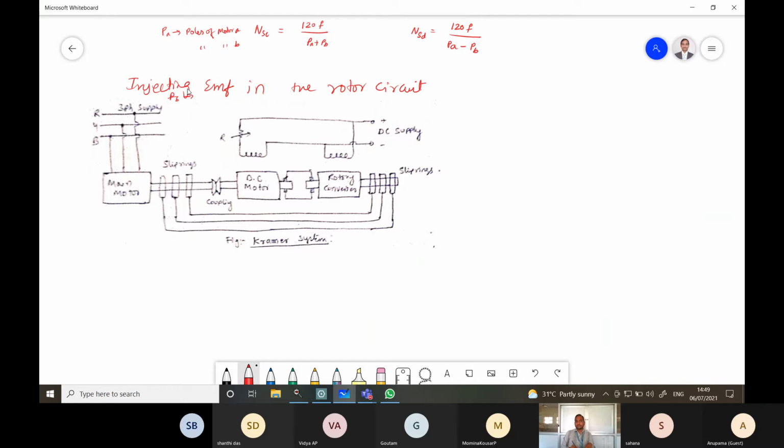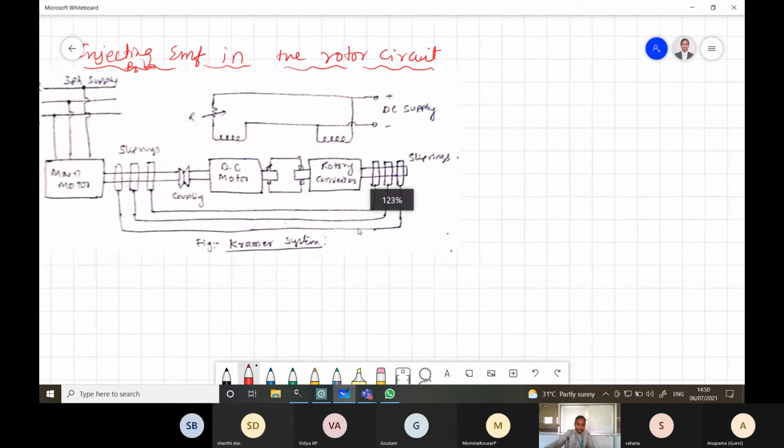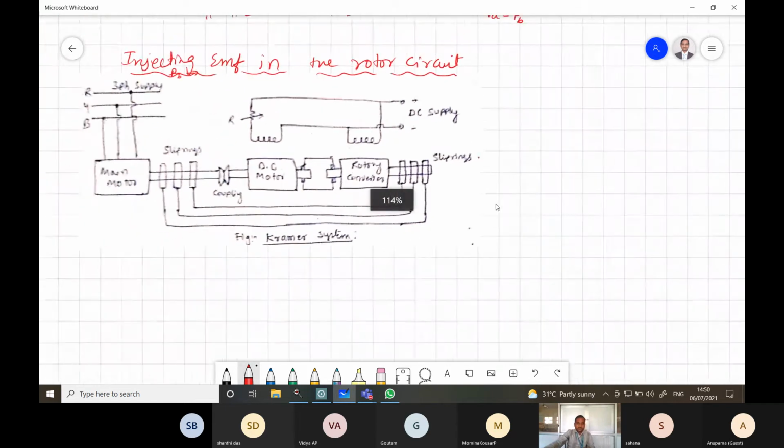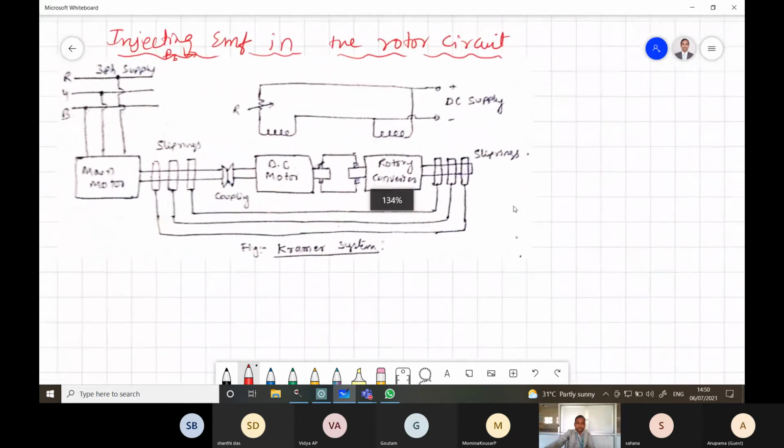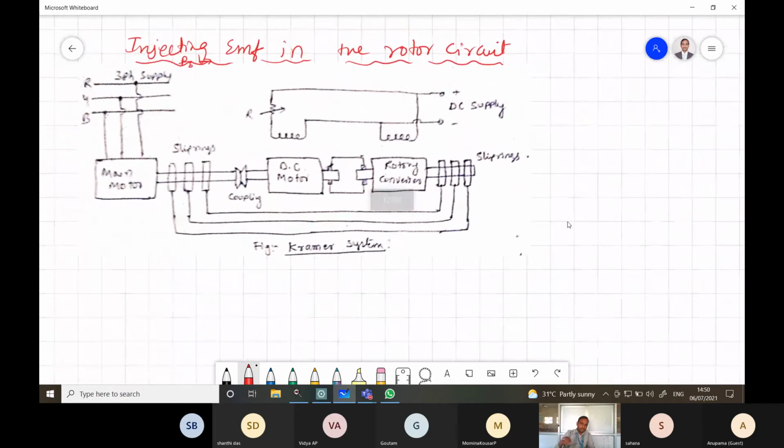These speed controls refer to the rotor side only. Hence we are injecting a separate EMF into the rotor circuit. This is one method called the Kramer system method. Refer to this diagram. This is the Kramer circuit method.